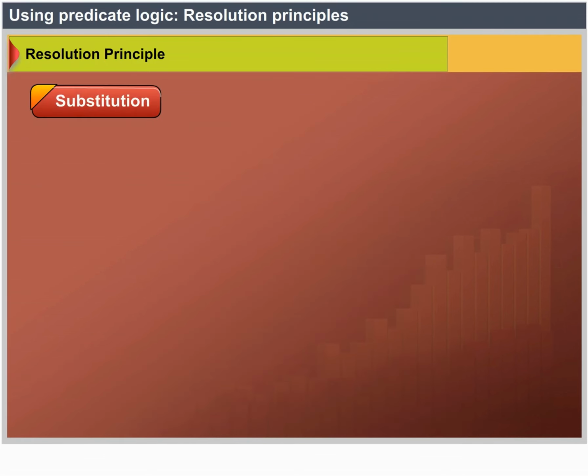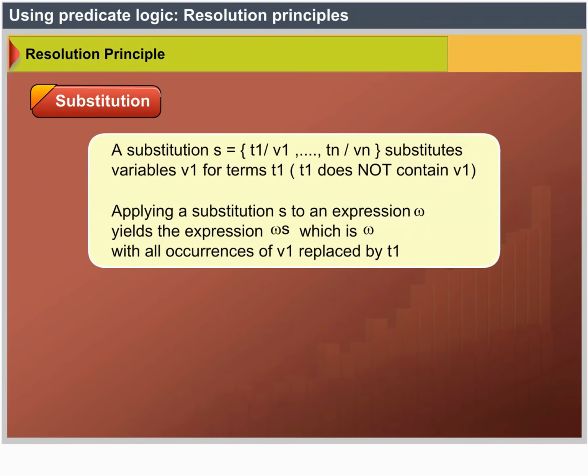Substitution. A substitution S = {T1/V1, ..., Tn/Vn} substitutes variables Vi for terms Ti, where Ti does not contain Vi.